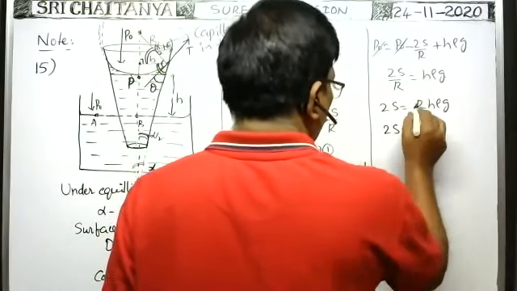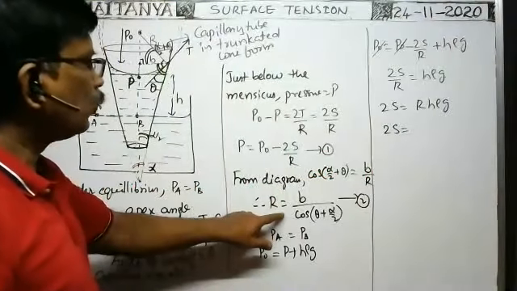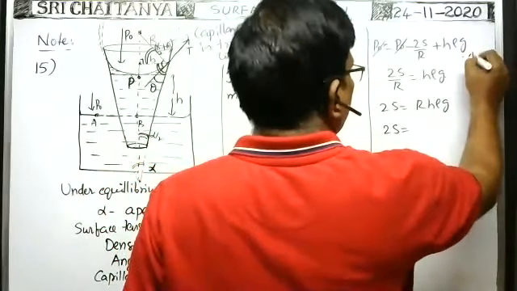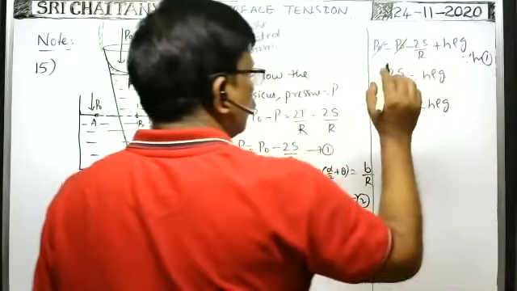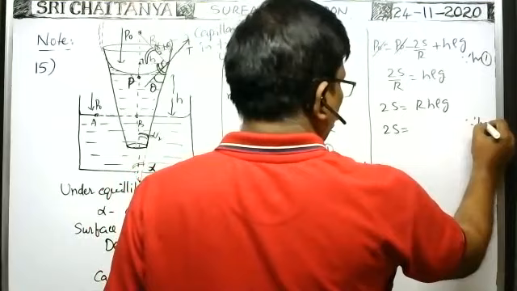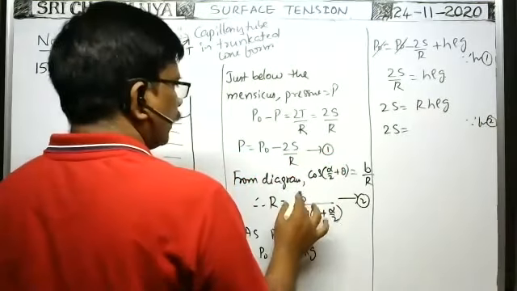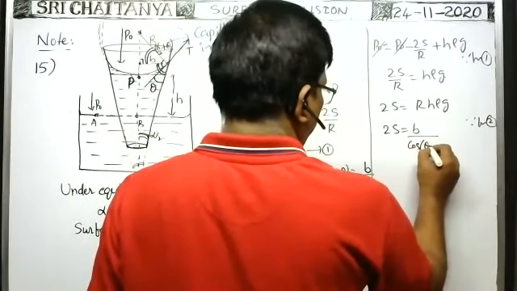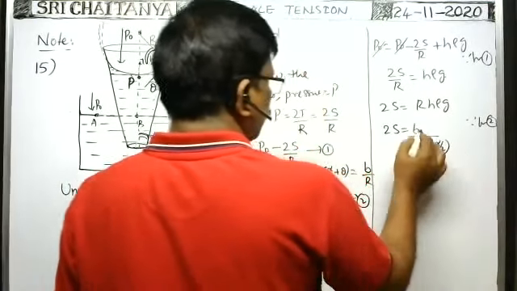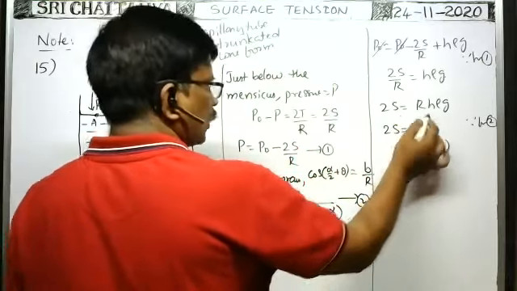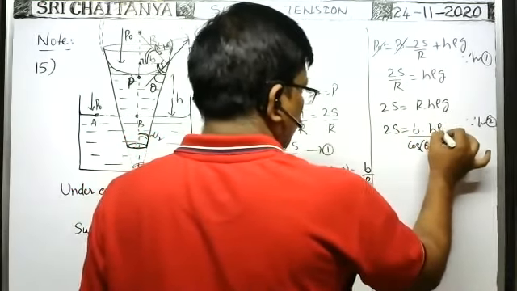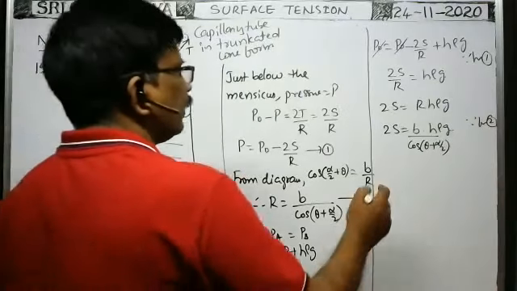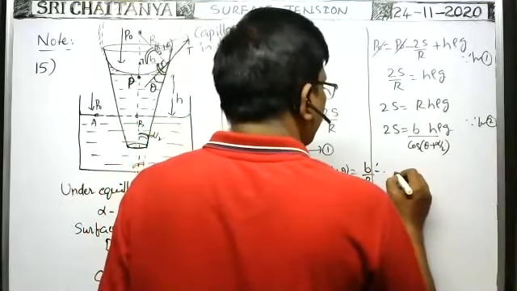From equation 2, instead of capital R we can write B by cos of theta plus alpha by 2. Remaining H rho Z, you write. They asked for the capillary rise, small h.